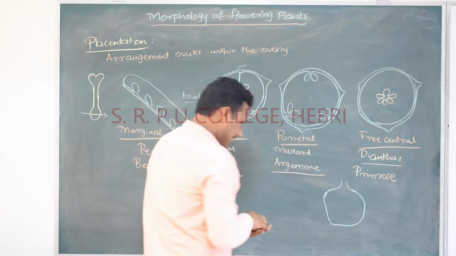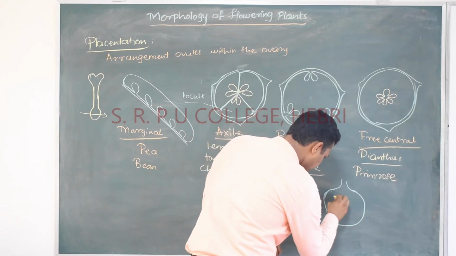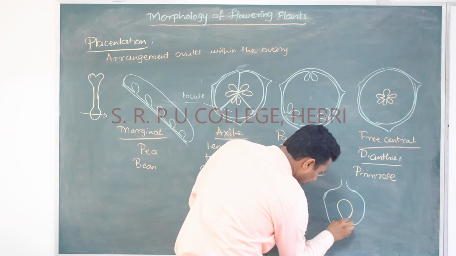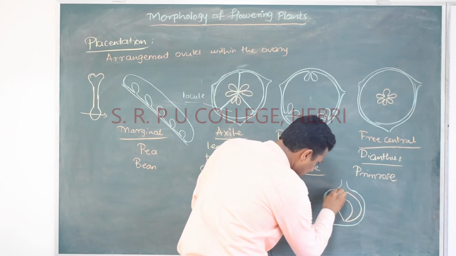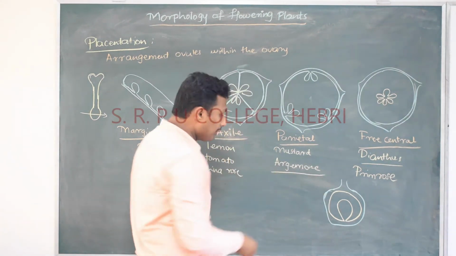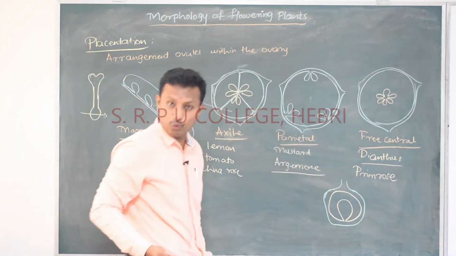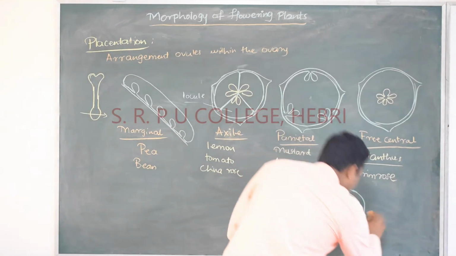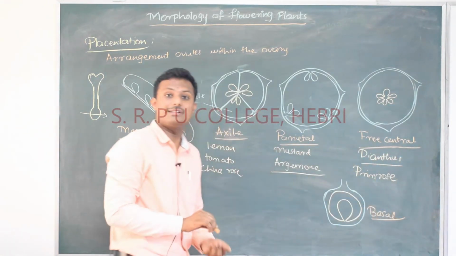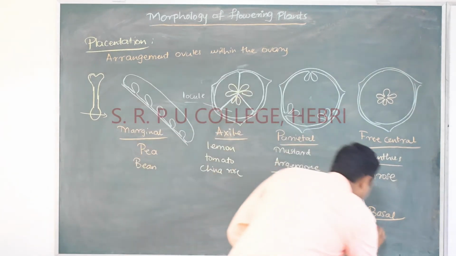In this case, you are seeing this is the ovule, and that ovule is attached to the base of the ovary, and that is why this is what is called basal placentation. Basal placentation can be studied in sunflower.